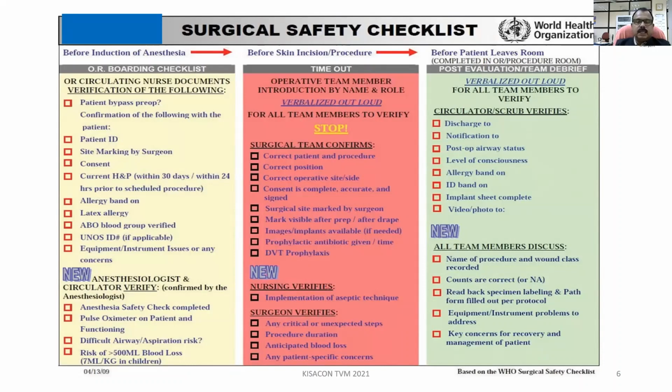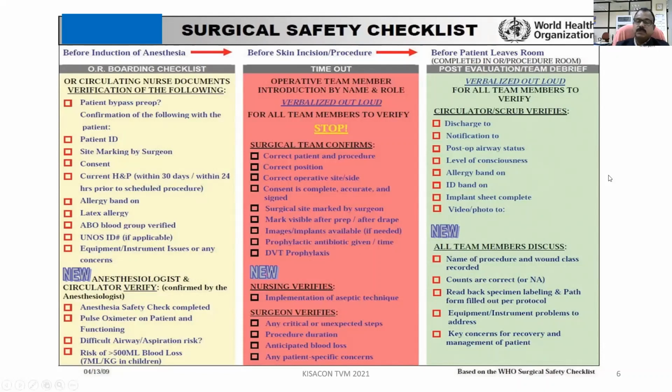In the sign in, the patient ID is checked, the site is marked by the surgeon, informed consent is taken, any allergies are checked, and the blood group is checked, and there is a pulse oximeter functioning for the patient, and we have also assessed the aspiration risk, blood loss, etc.